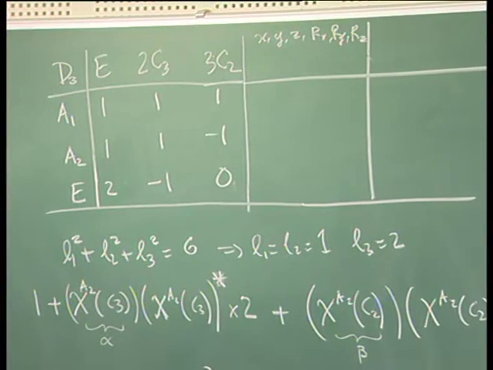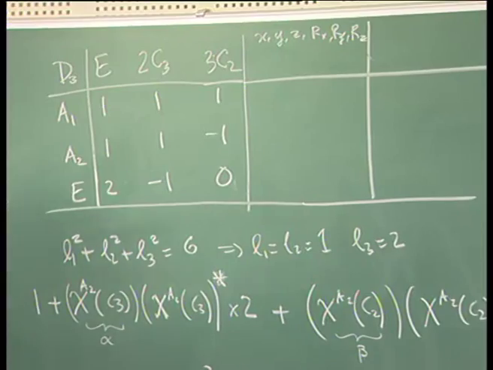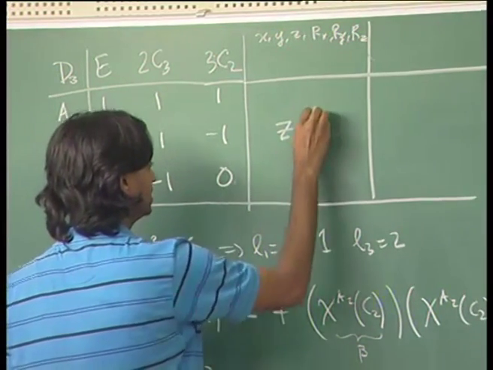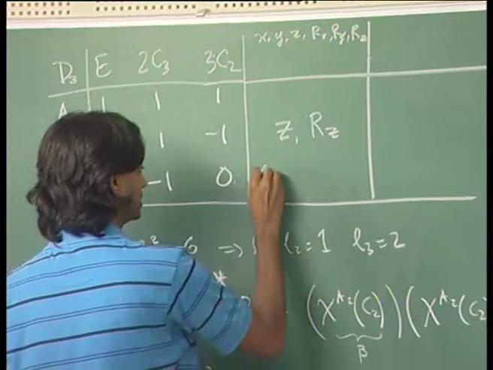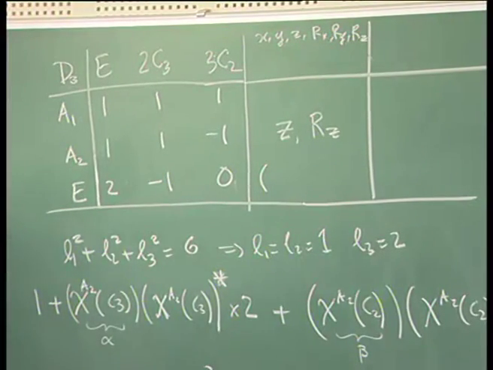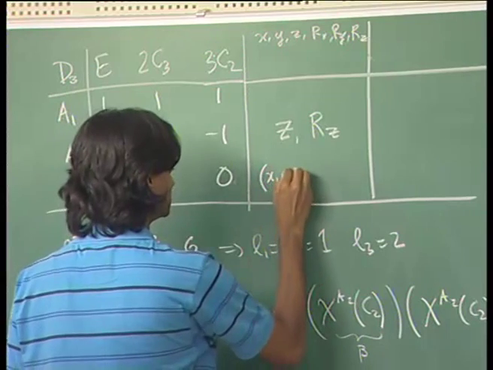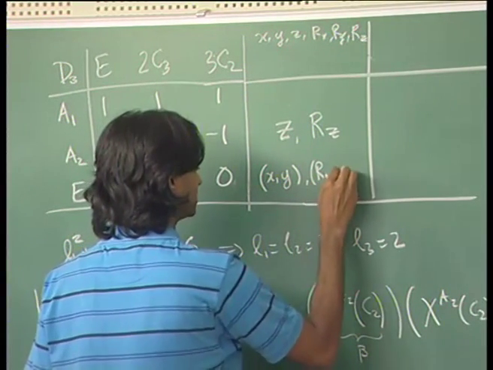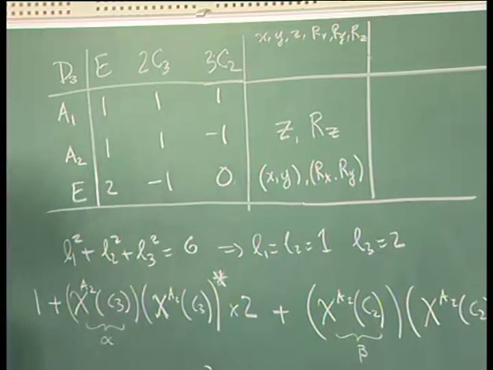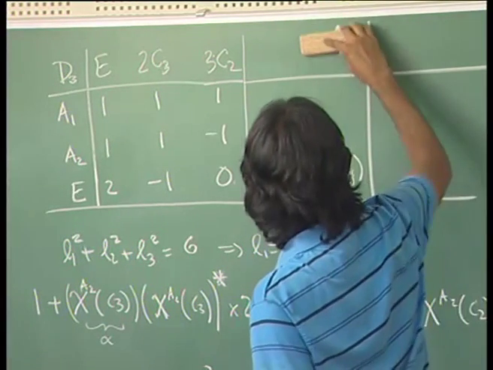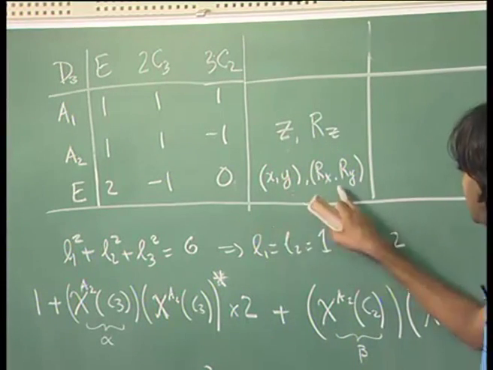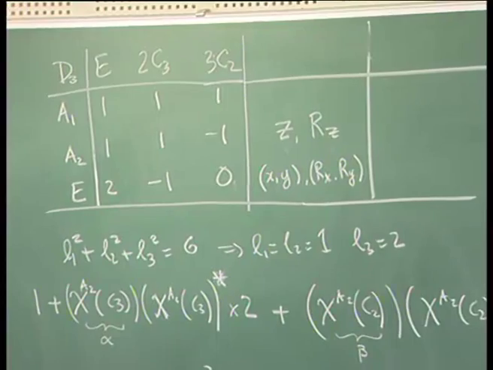For the group, I will illustrate this with an example. So for this group D3, what will appear here is z and rz. And here what will appear is x y, rx, ry. Okay. So what appears for D3 is z and rz here, x y in one bracket and rx ry in the other bracket. Okay. So what does this signify?